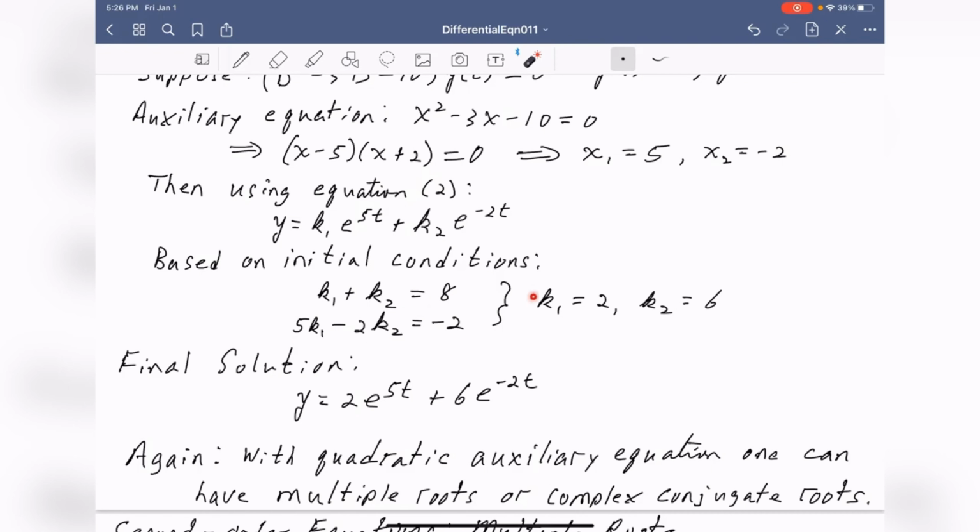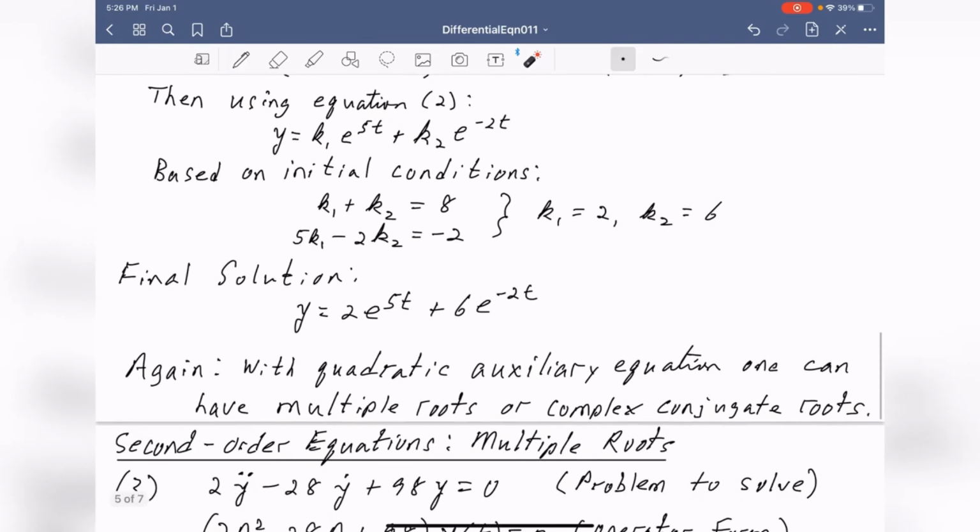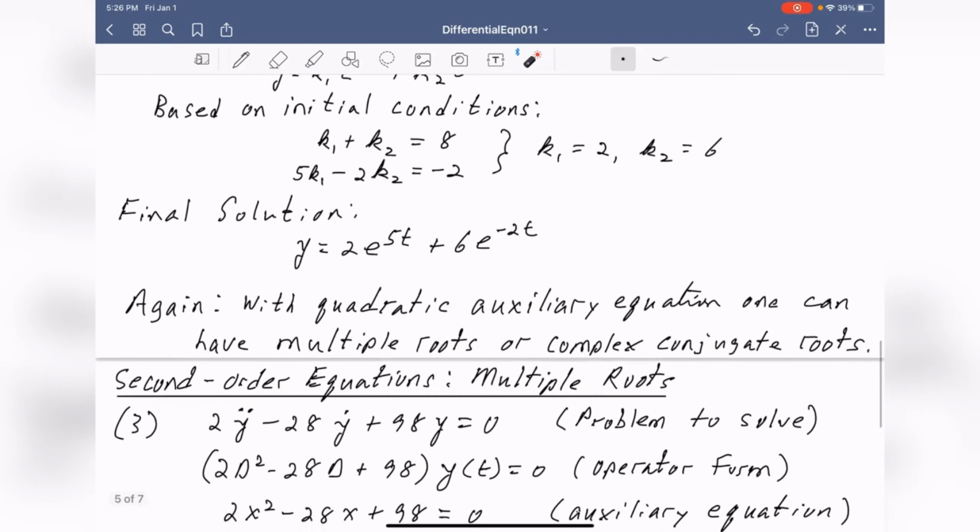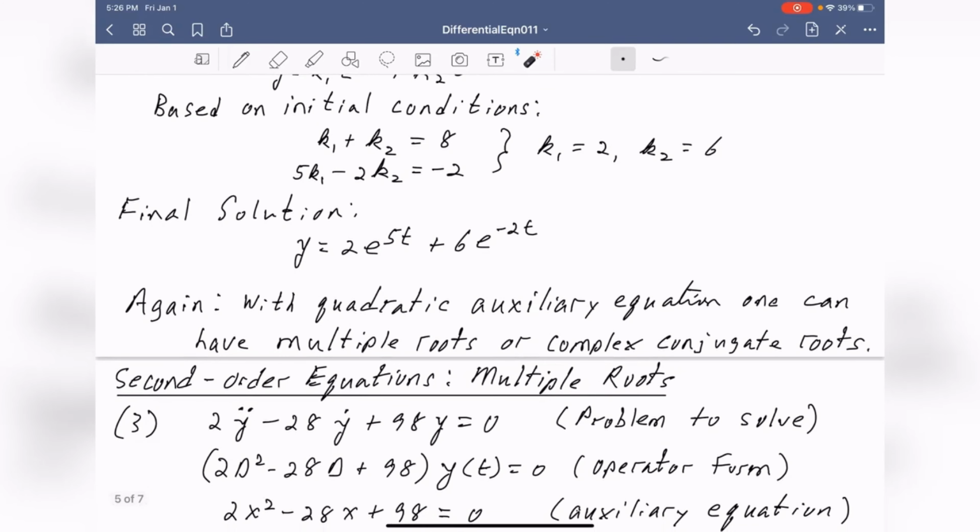When we solve these two equations, k1 equals 2, k2 equals 6, and the final solution is y equals 2 times e to the power 5t plus 6 e to the power minus 2t.